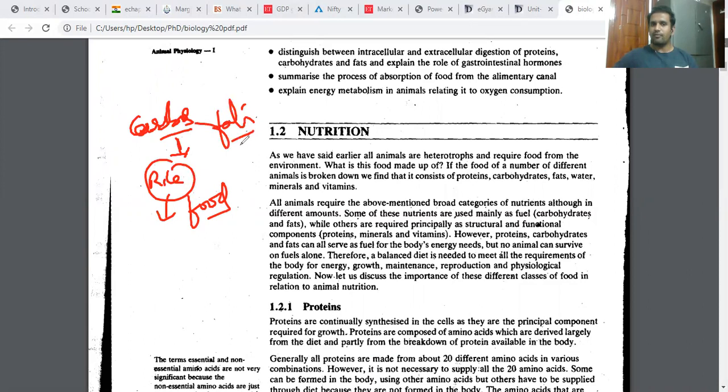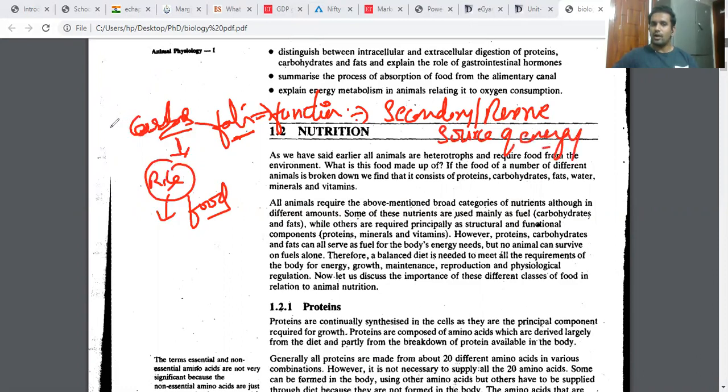Fats will try to keep your body functioning. Even though you don't have carbohydrates left in your body, fats come into the picture and help in the functioning of the body. Here fats are acting as a secondary, or reserve, source of energy. When carbohydrates get over, only then do the fats come into the picture.